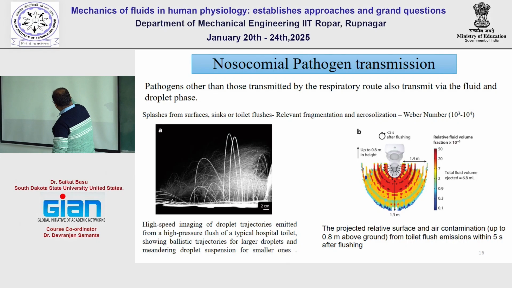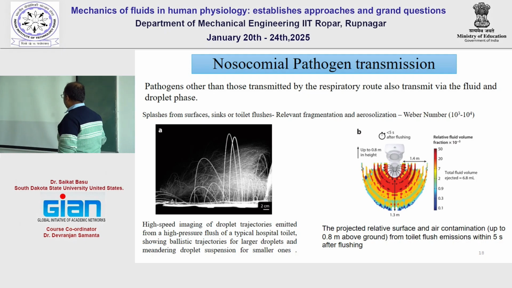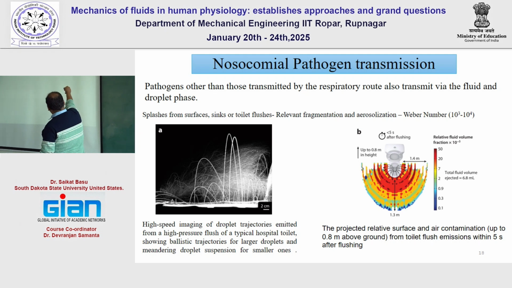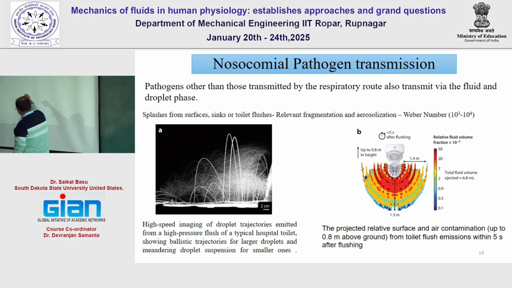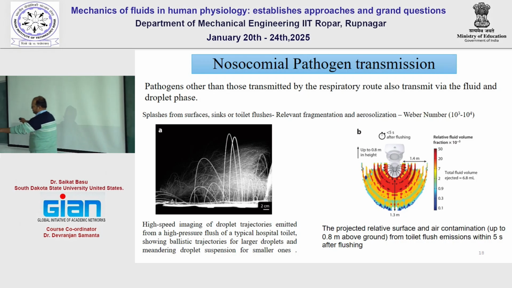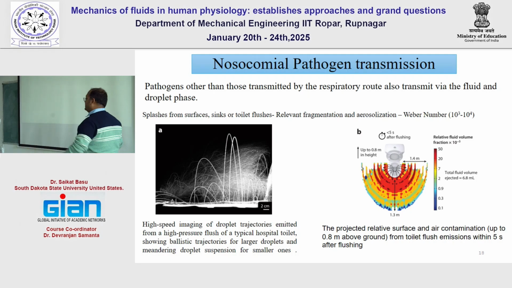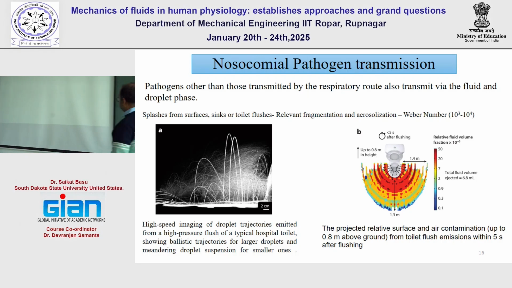Yeah. So this nosocomial pathogen transmission, by definition, means pathogens transmitted by a route other than the direct respiratory route, like direct air transmission. If these kind of things happen, then let's say a long jet or the splashes from surfaces, like toilet flushes, where the water impacts the surface and then releases smaller droplets in the air.